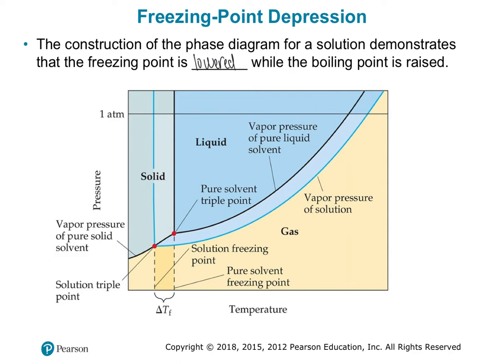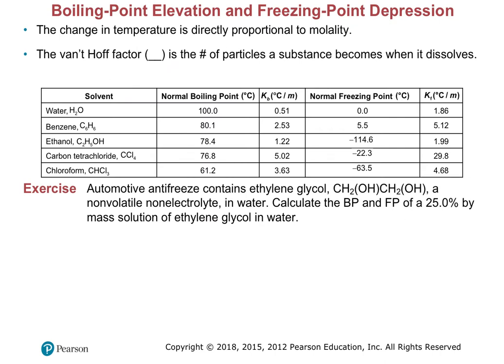So my freezing point will drop, it'll go down. So now basically I have a bigger temperature range where I am in a liquid phase. The calculation that we will use to find the change in temperature for boiling and freezing is given here. So it is proportional to molality.